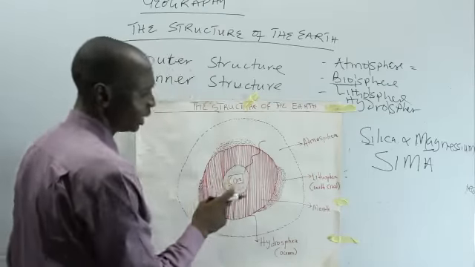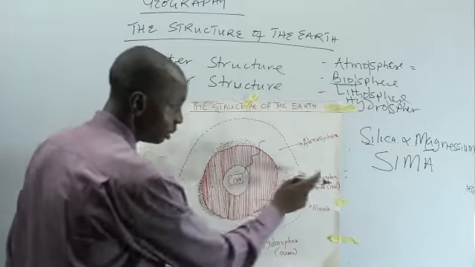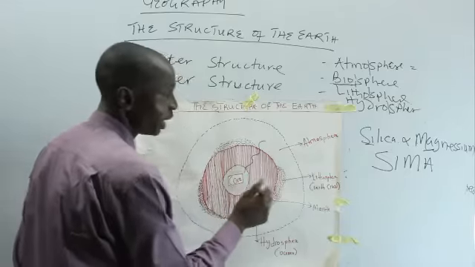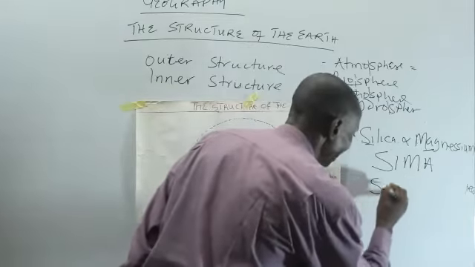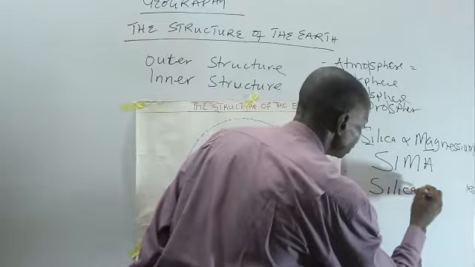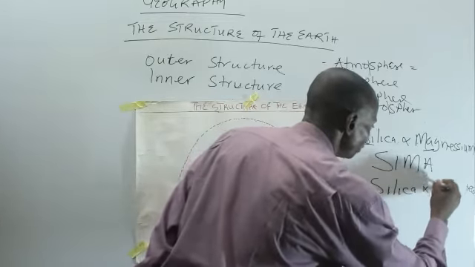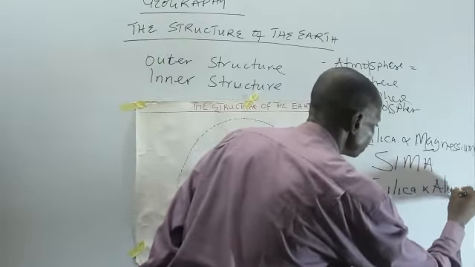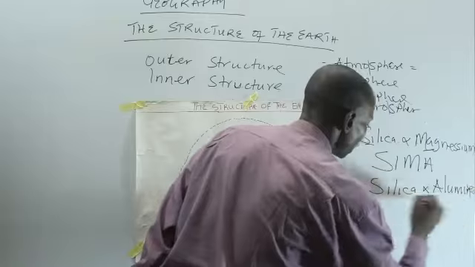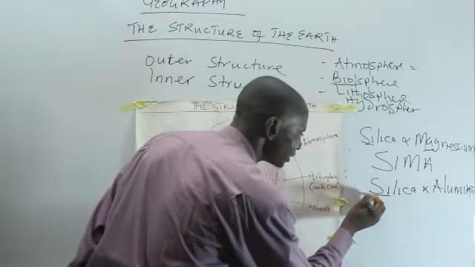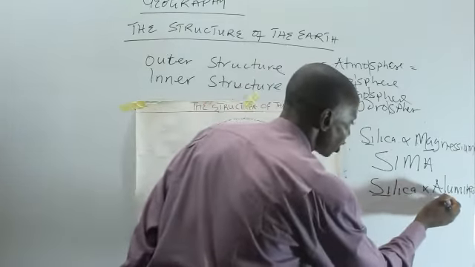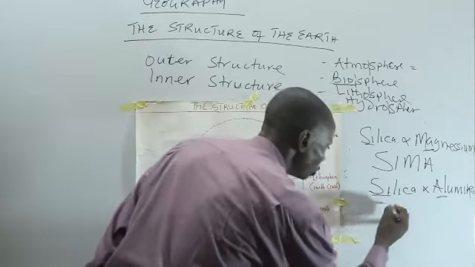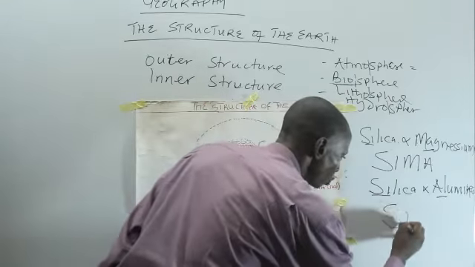Here is the barysphere. Now, this barysphere has a mineral constituent of silica and aluminium. Now, if you take the chemical symbols of silica and aluminium and match them together, it's called what?